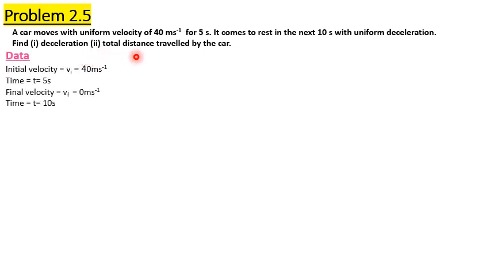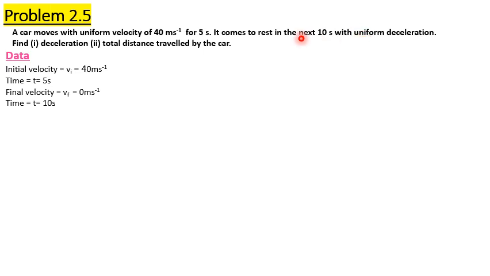In this statement, the initial velocity is 40 meter per second. The time is 5 seconds for when the body has reached its 40 meter per second. It comes to rest in the next 10 seconds with uniform deceleration.